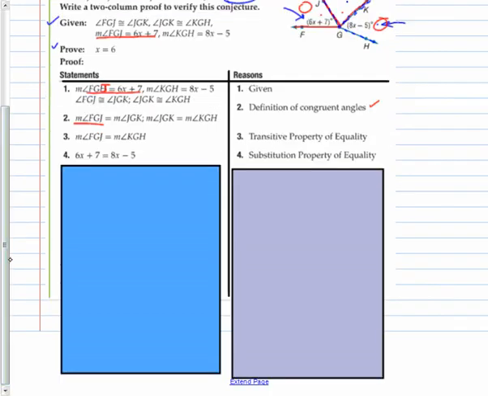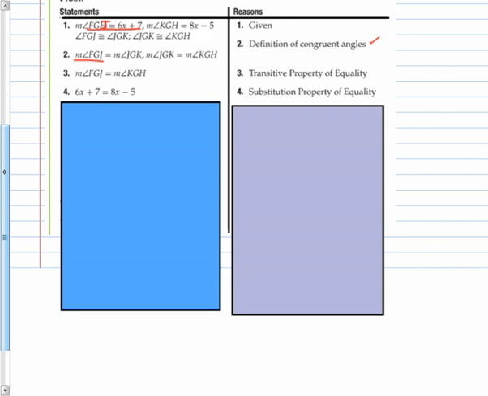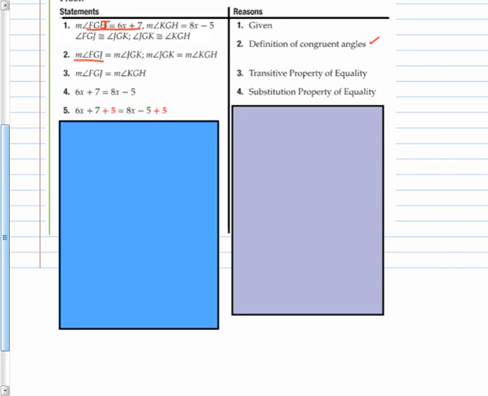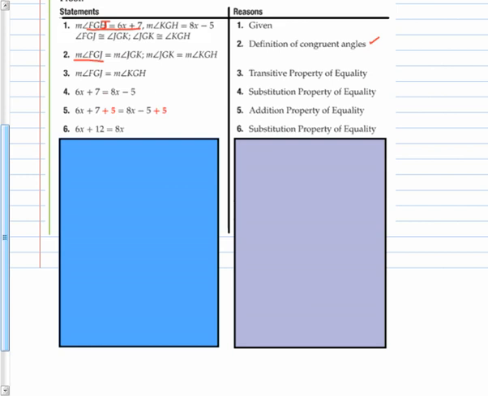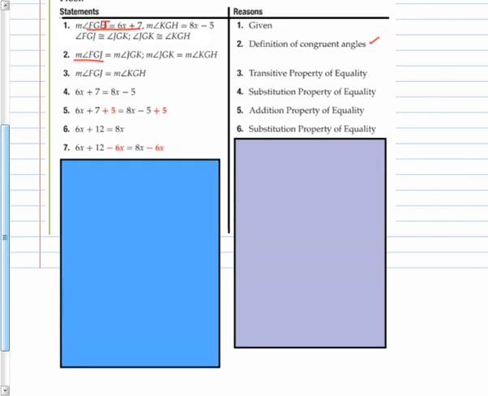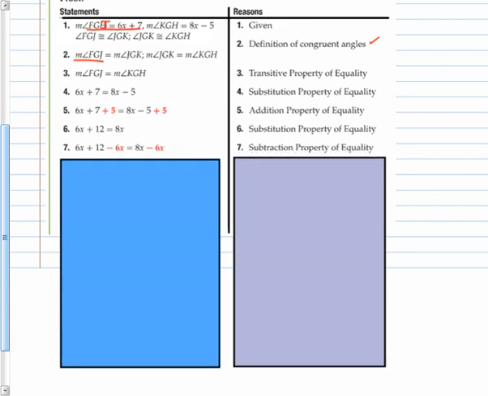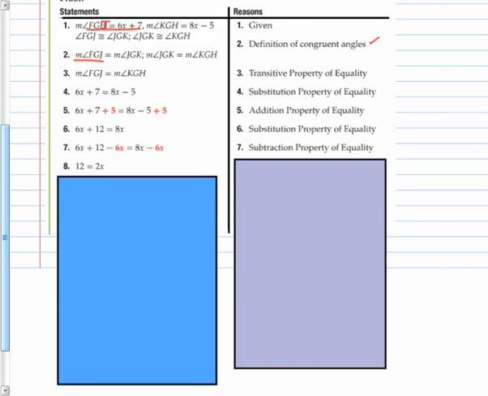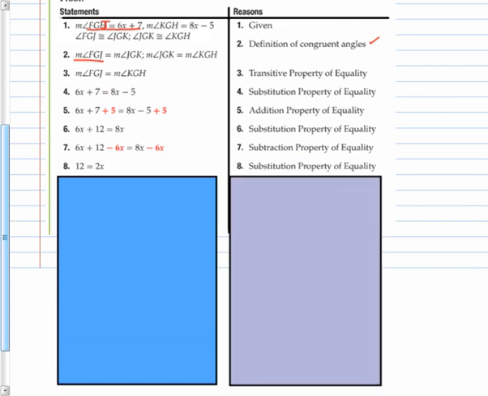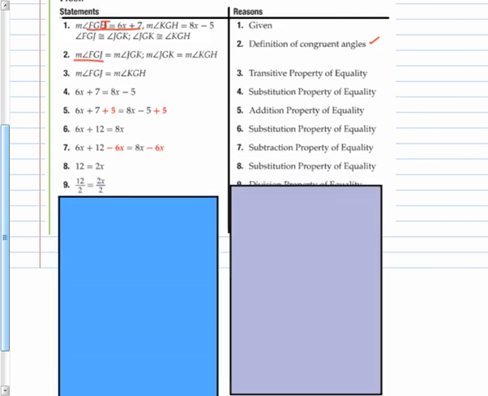Now it's going to look like one of those algebra ones because we have an algebra statement. What did they do? Addition property of equality is what they did. What did they do then? Substitution property of equality. Subtraction property of equality. Substitution property. That 6x minus 6x is gone and all I have is 12. Substitution property. Then they did division. They didn't even do that in red and you still figured it out.